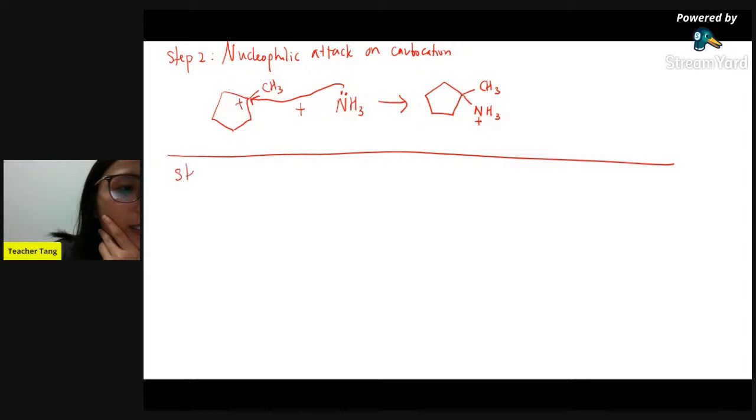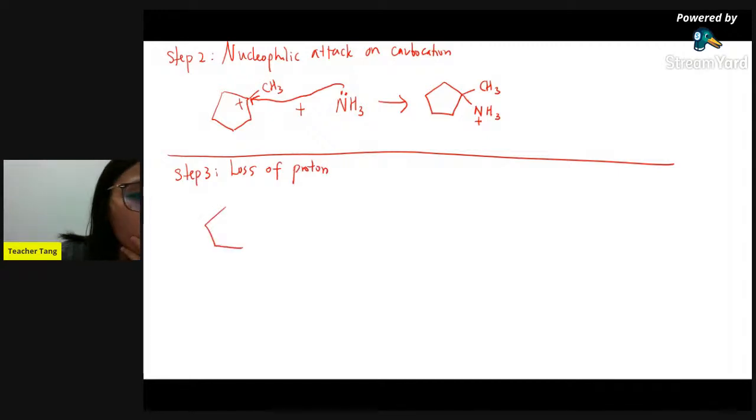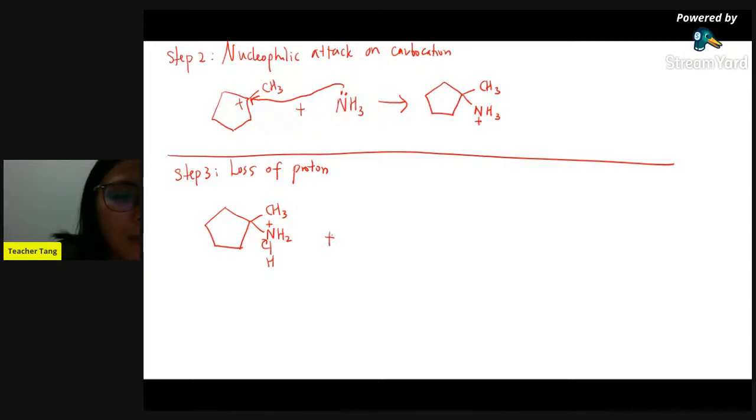Then in step number 3, loss of proton. So we want to get a neutral product. So basically, you get NH2. So the nitrogen and the hydrogen bond must break, and the electrons go to nitrogen. Someone must take the hydrogen. So who will come in to take?